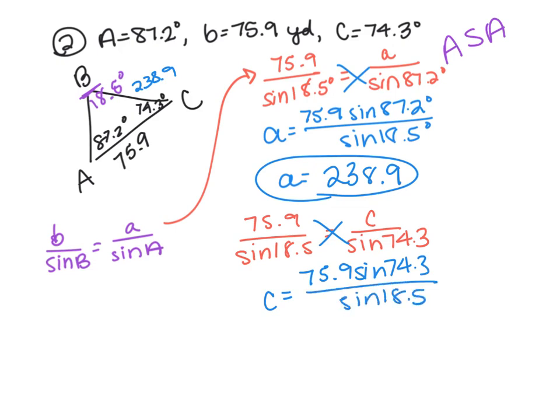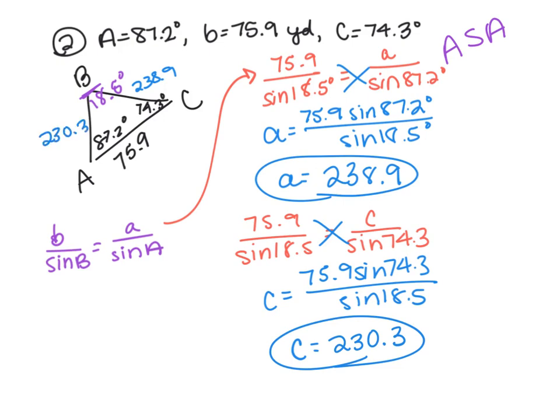Divide by sine 18.5, type it in your calculator, and you get 30.3. So just like before, you were given three pieces of information, you were solving for the three missing pieces of information. Overall, this should be a pretty simple formula for you. You just have to set up your proportion and use a calculator. So now on the next slide, go ahead and try completely solving those two triangles.